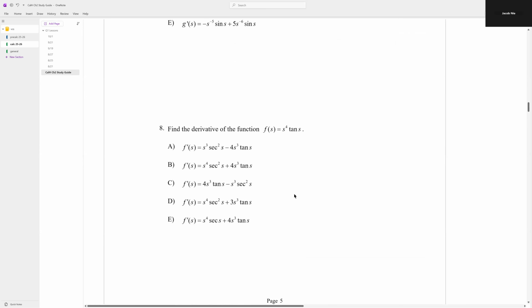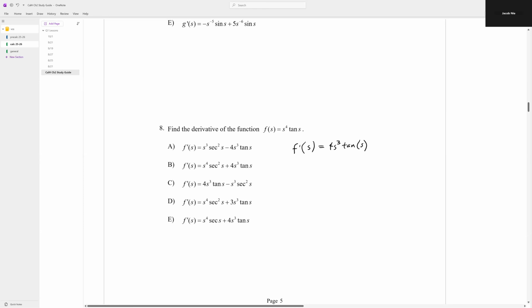Next question, very similar. This is also product rule. And so the derivative is going to be 4s cubed times tangent s, because we leave that alone in product rule.